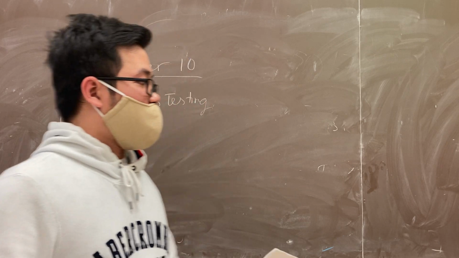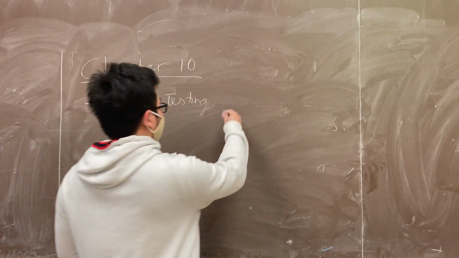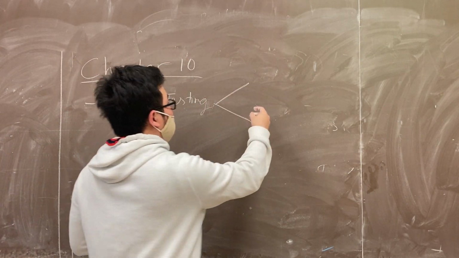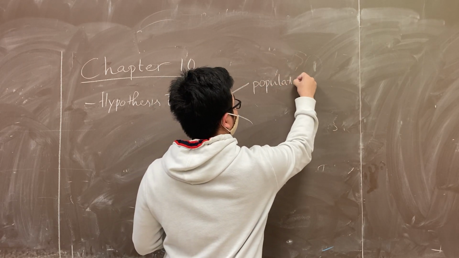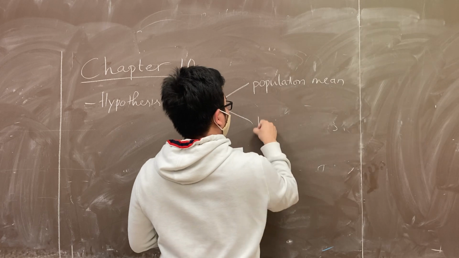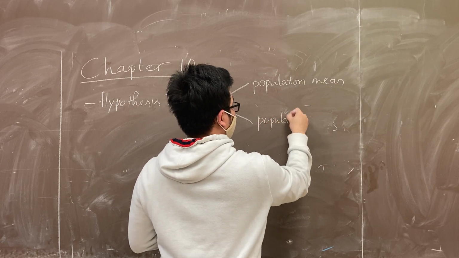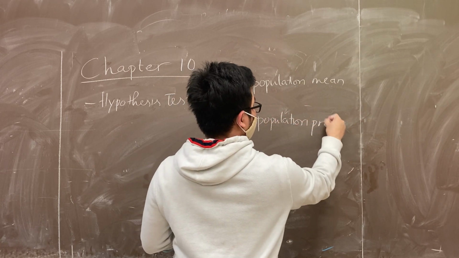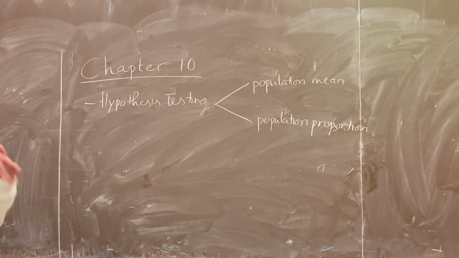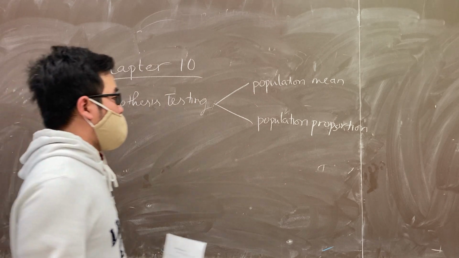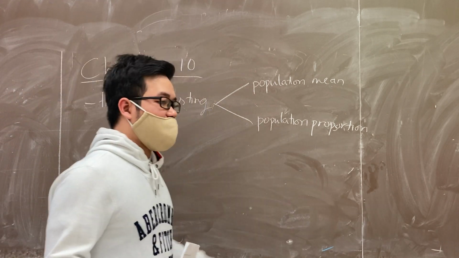In this chapter we will focus on two kinds of population parameter. The first one is the population mean, and the second one is the population proportion.